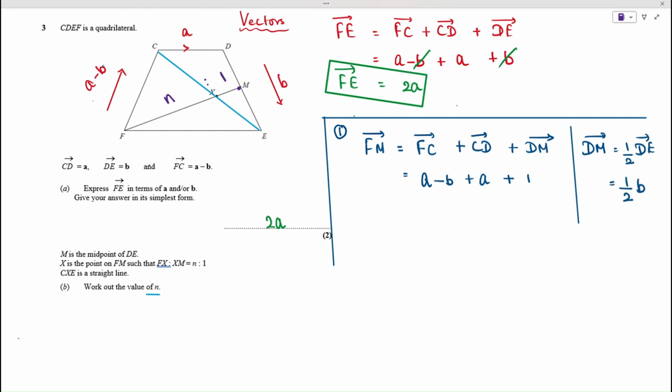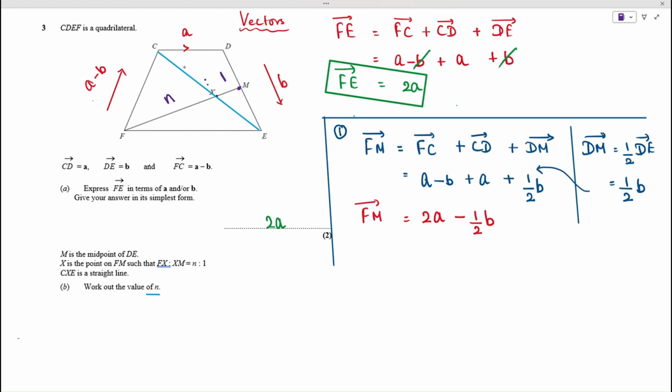So we add half b into our first equation, and so we have F to M is equal to 2a minus 1 over 2 b.